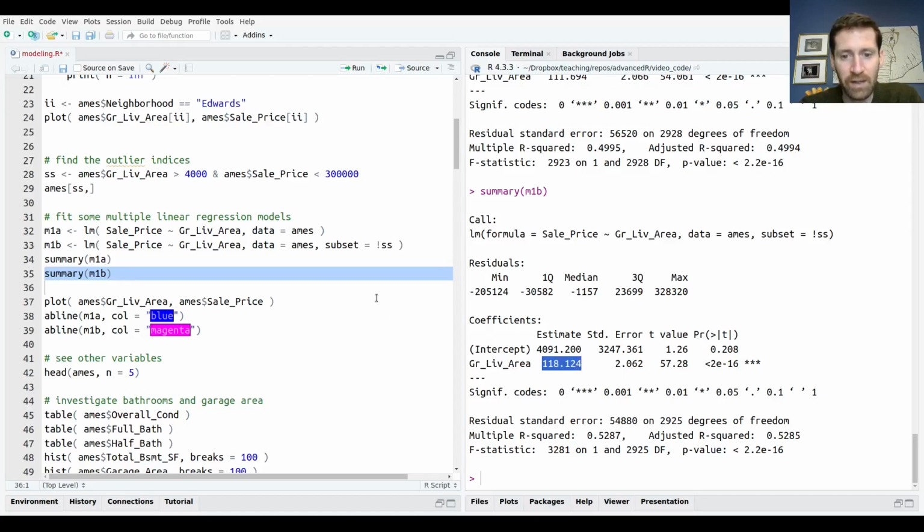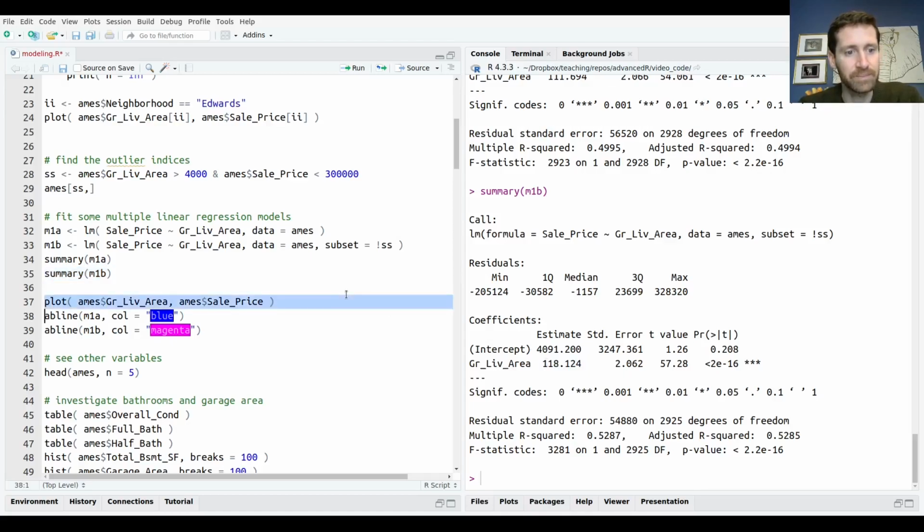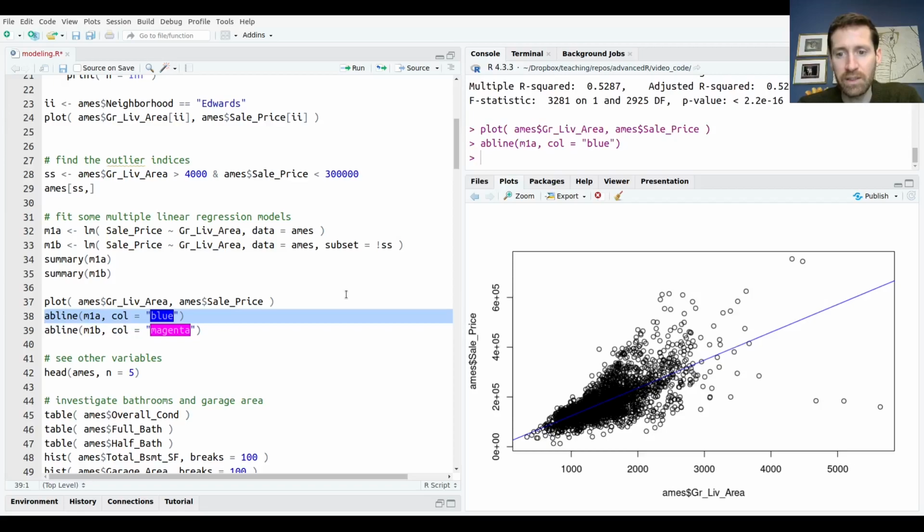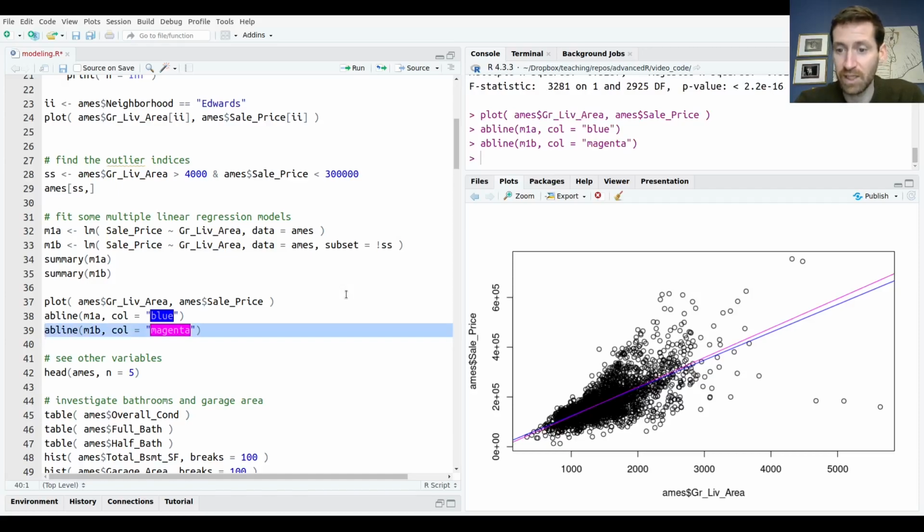To see why this number should be higher, let's make this plot again, and then I'm going to add the trend line from the two models. The first one in blue is with the outliers in. The second one in magenta is taking them out.